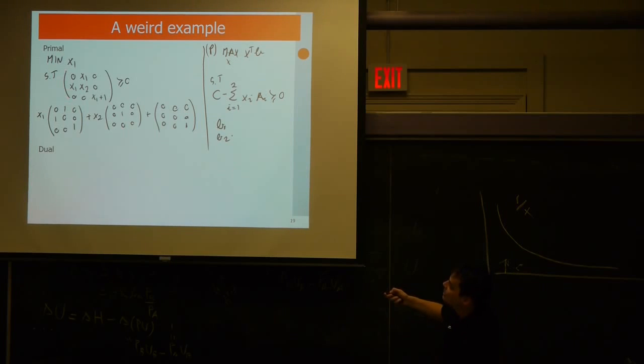So this is our problem, and there's one version of SDP that looks like this. The question is, what would be vector B in this case? We want to minimize x1, and I want to rewrite this as x transpose B. So what's B if x transpose B is x1?